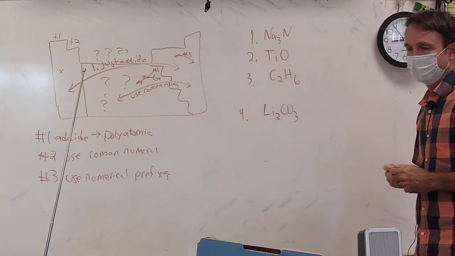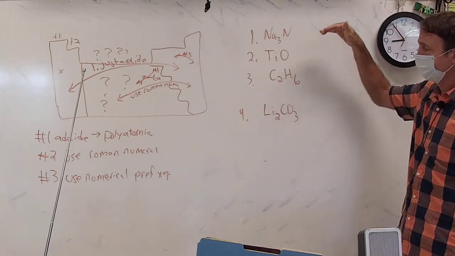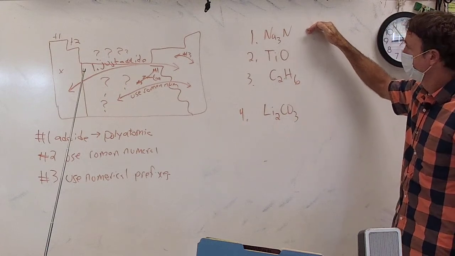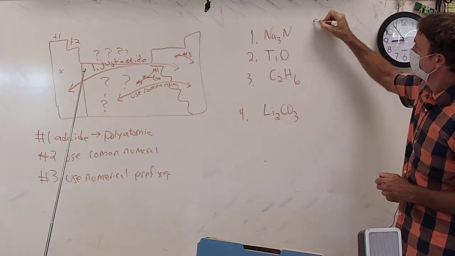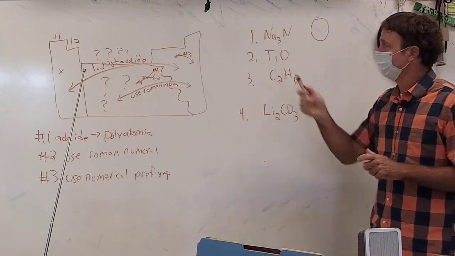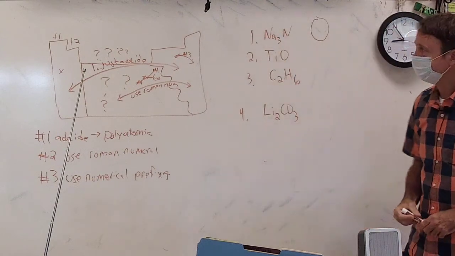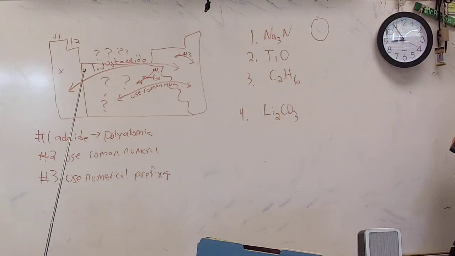So here's what I want you to do. First thing, I want you to look at number 1, and then write in a little circle beside it, is this rule number 1, rule number 2, or rule number 3? What do you think it is? Is that rule 1, 2, or 3?